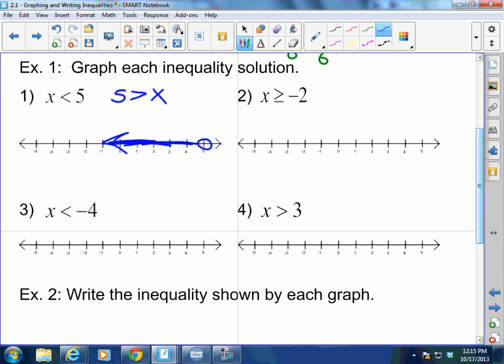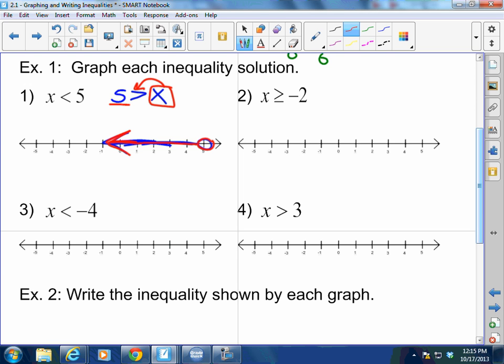To the right, which would have been wrong. Always read from the variable. x is less than 5. So please do not do the arrow method. That works when it's only in one format. It does not work always. From now on, we're in algebra, you read from the variable.